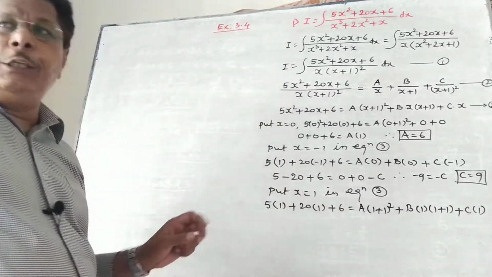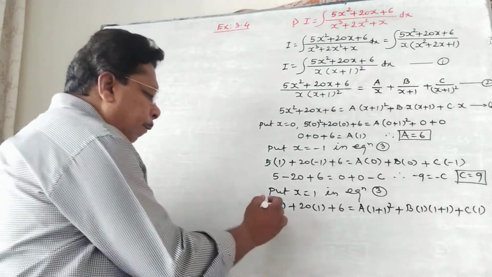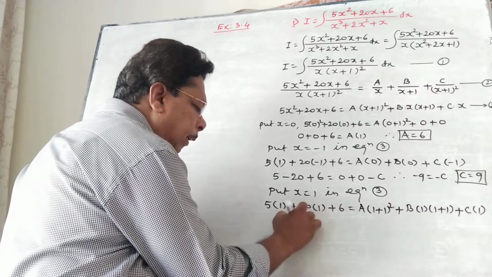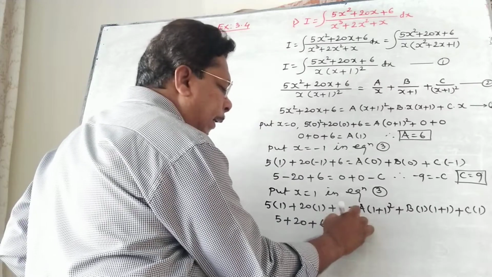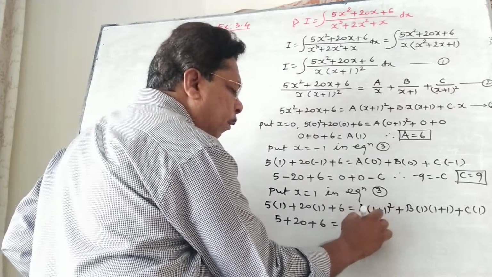We have taken x equal to 1 throughout. So 5 plus 20 plus 6 is equal to A into 2 square, which is 4.